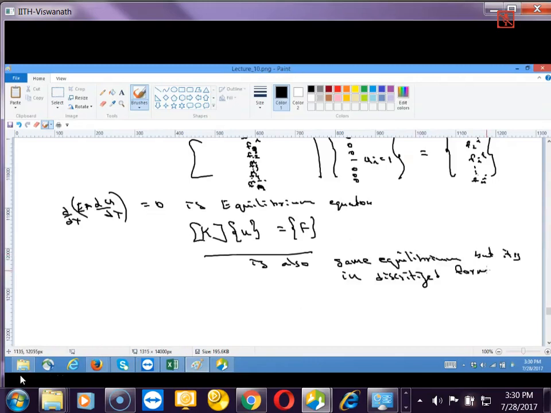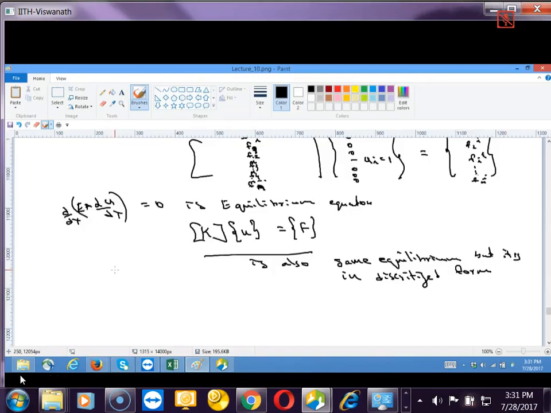As I explained earlier, Kx equals F for a spring. Any structure is a kind of spring. What we are saying is Ku equals F, what we obtained out of this finite element formulation, represents the same equilibrium conditions as what we have seen earlier, but in the discretized form. And hence, this equilibrium is a static equilibrium.